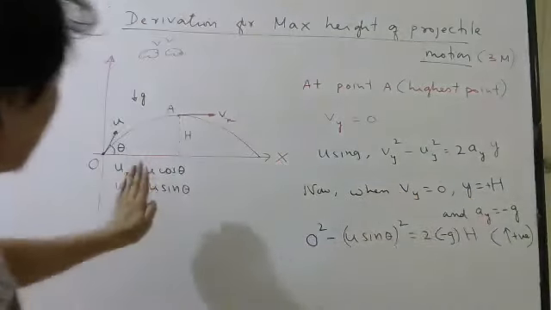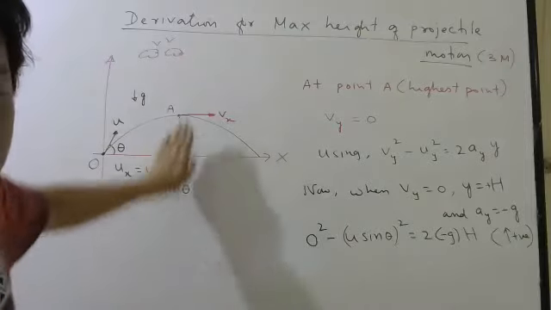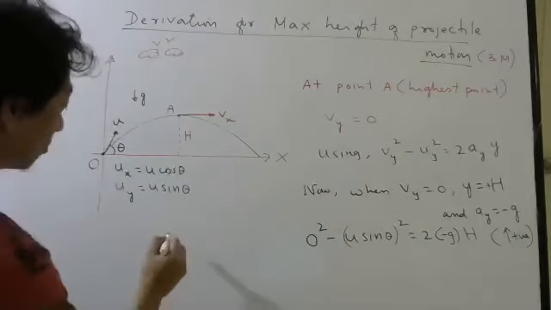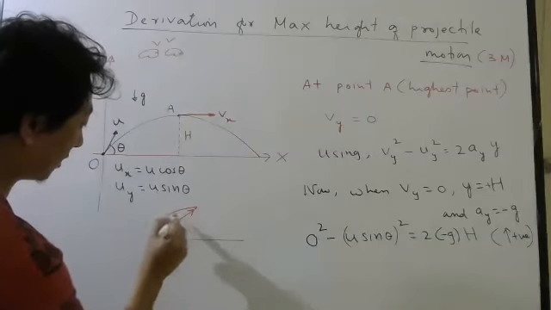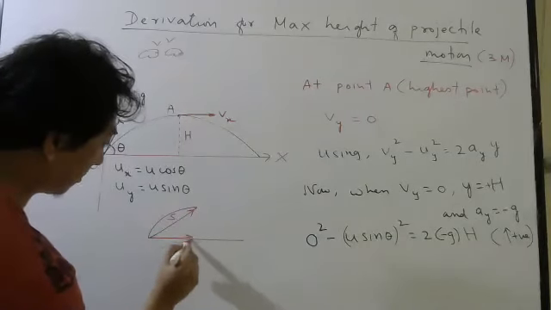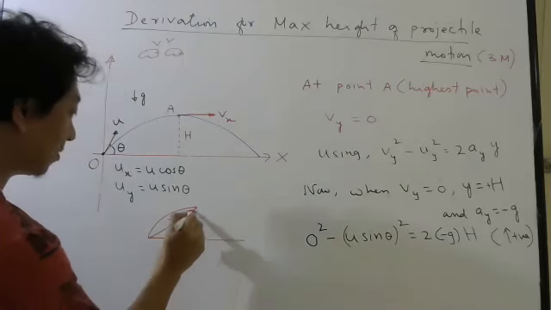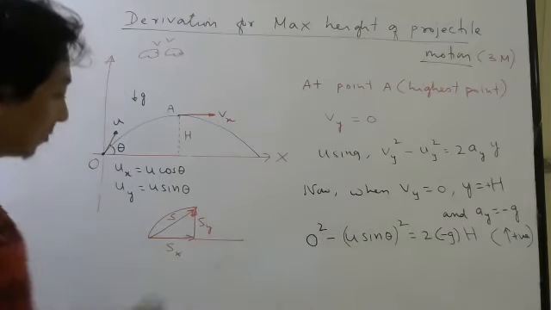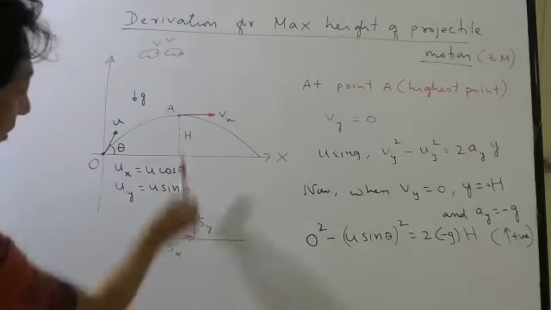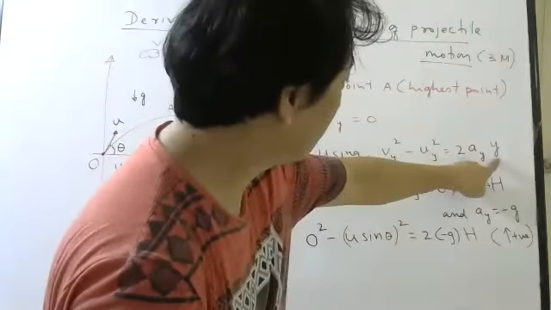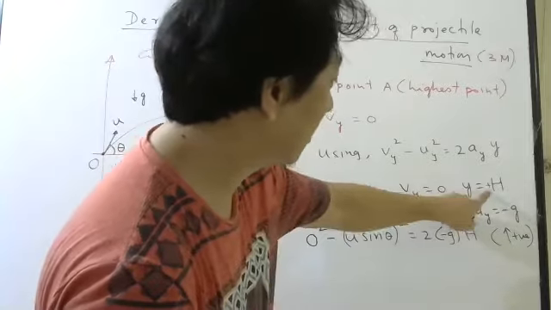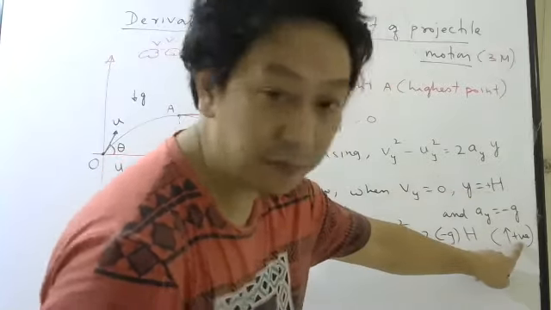So plus h means upward I have taken positive, right? The particle is going from here to here. So this is your displacement, this is your x component of displacement, and this is your y component of displacement. You can see the y component of displacement is upwards. Since for it I wrote plus h, it means upward I have taken positive.